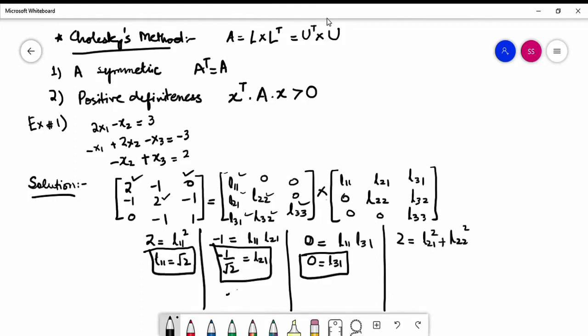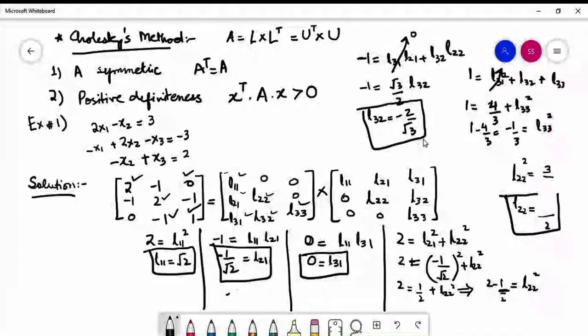L21 is minus 1 by root 2, squared, plus L22 square. So 2 equals 1 by 2 plus L22 square, that is 2 minus 1 by 2, basically 3 by 2. So L22 is the square root of 3 by 2.